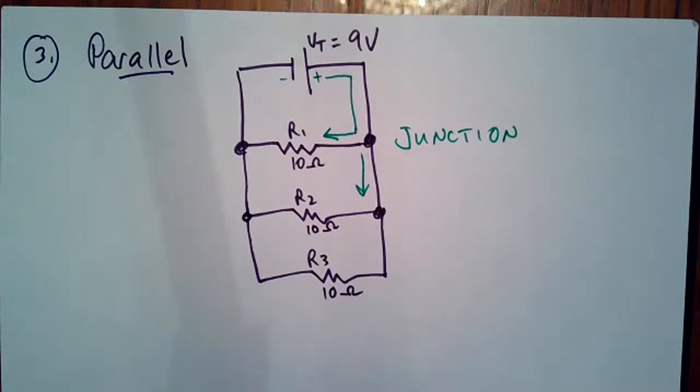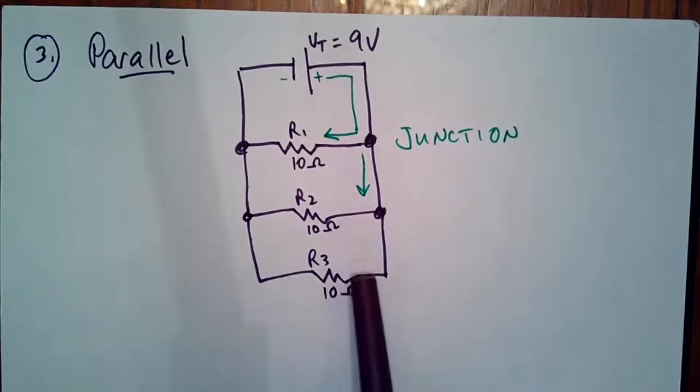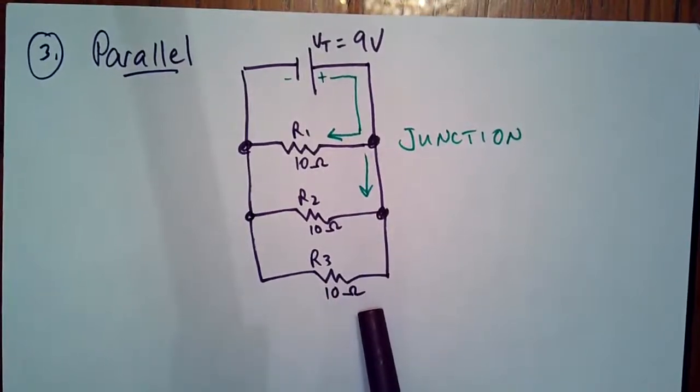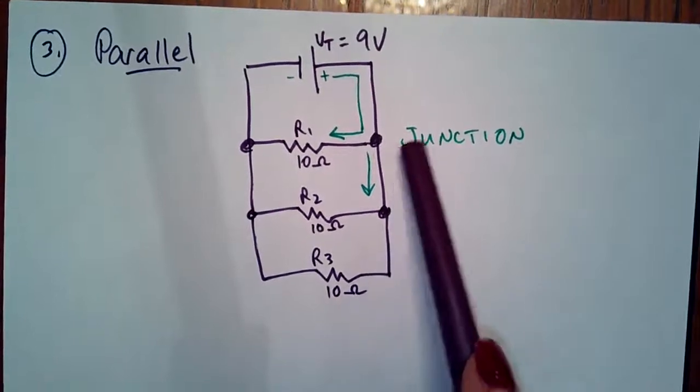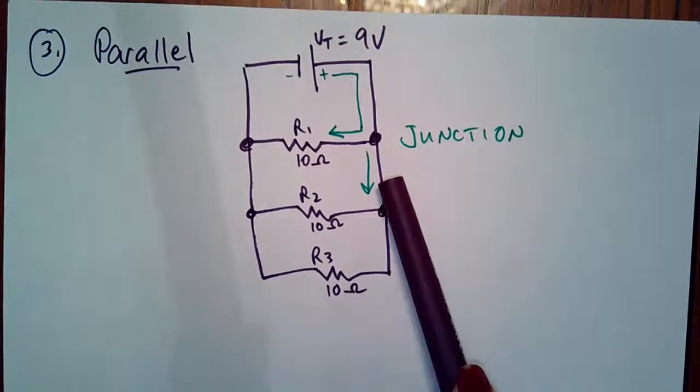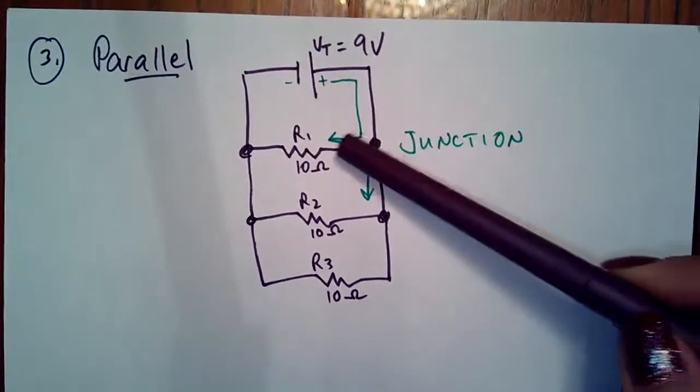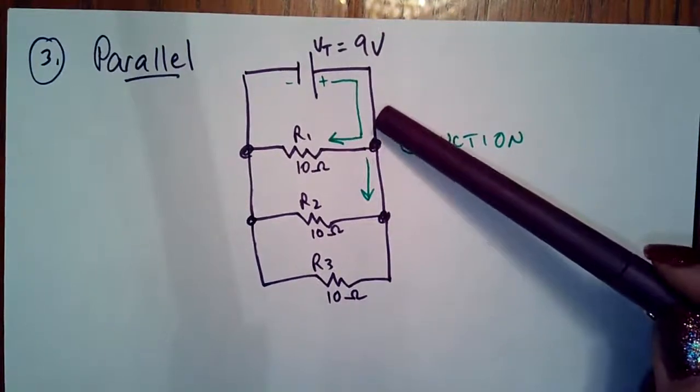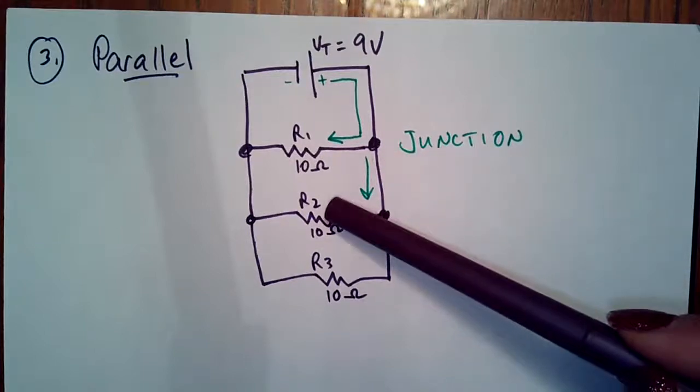Now, the first thing you want to ask yourself when you're analyzing a circuit in terms of voltage, current, and resistance is, what do they have that is the same in a parallel circuit? You have the same resistance here, but you have junctions. It really doesn't affect the voltage that is going to go to R1 versus the voltage that is going to go to R2.